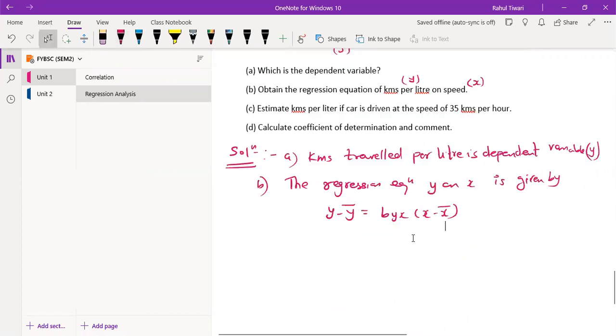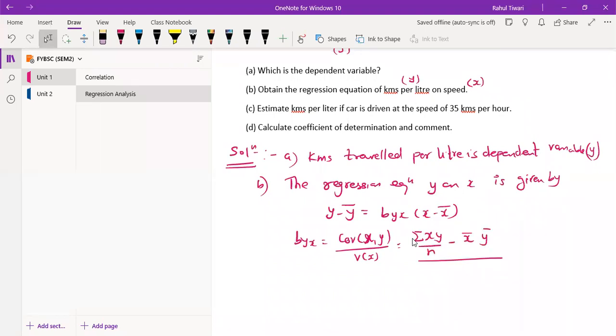And what is your byx? Byx is the covariance of x, y upon the variance of x. What is the covariance? Summation xy upon n minus x bar y bar, divided by the variance of x, whose formula is summation x square upon n minus x bar square.